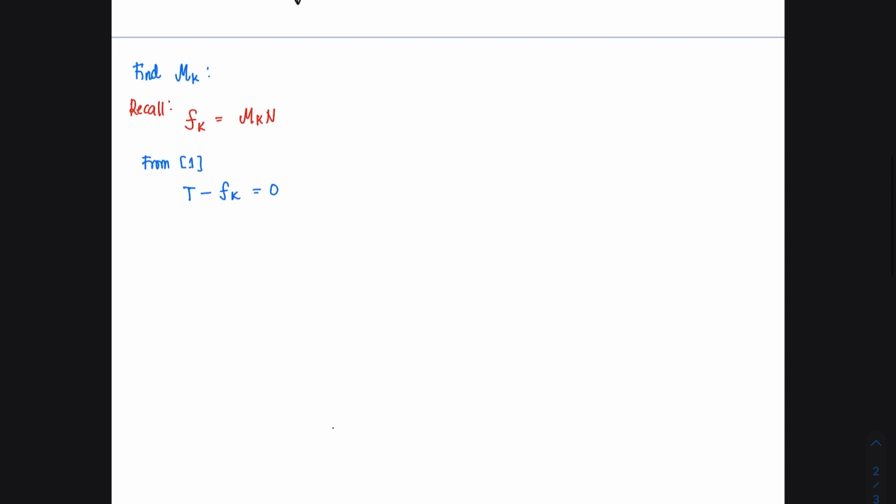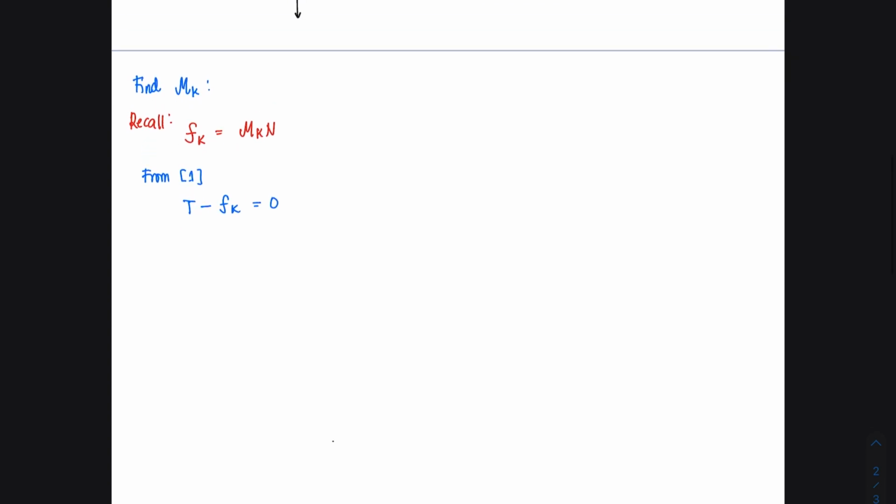So as I've written in the recall part, I will try to express Fk is equal to mu sub k n. The sum of forces is equal to 0 because we are actually looking for mu sub k. So therefore, I am having T. If I transpose this to the other side, I have mu k n, but I have to specify that this normal force is on body A, so n sub a.